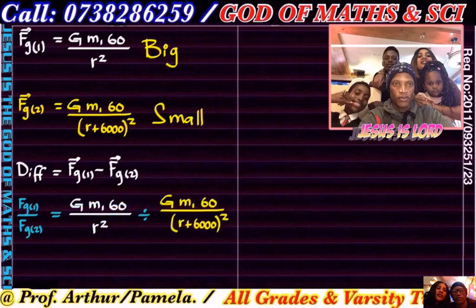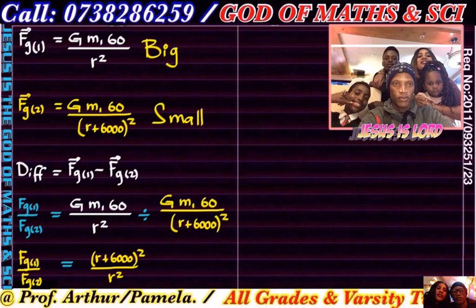So now I can write it as, in this case, R plus 6,000 all squared divided by the R squared at the bottom. So this is FG1, and then this one will be FG2.